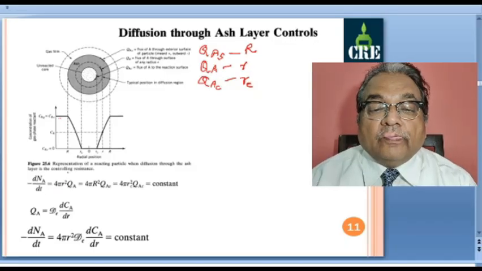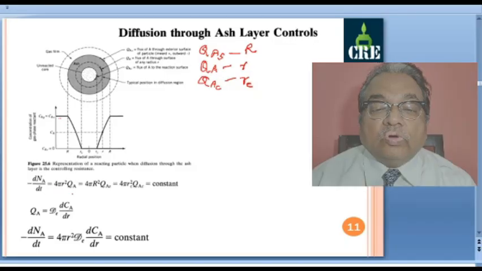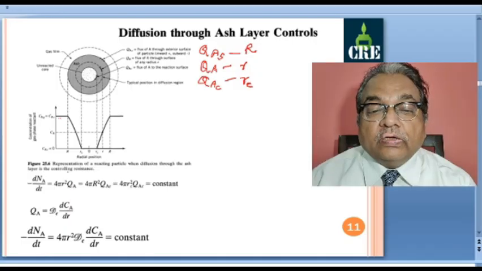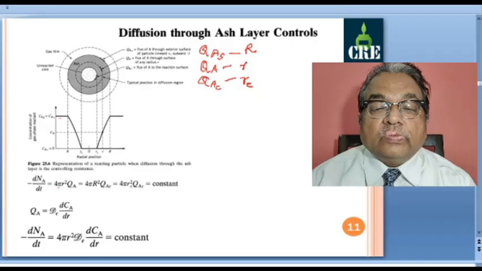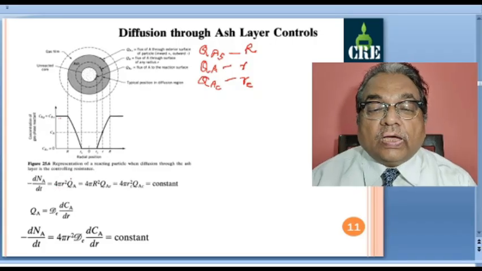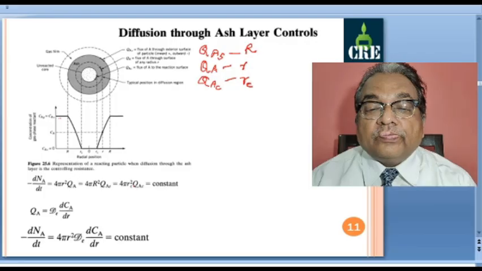So this flux is the change in number of moles per unit time per unit surface area. So we have to multiply by the corresponding surface area. Here the corresponding surface area is 4 pi small r square. Then for QAS, the corresponding radius is capital R, so we have multiplied by 4 pi capital R square.